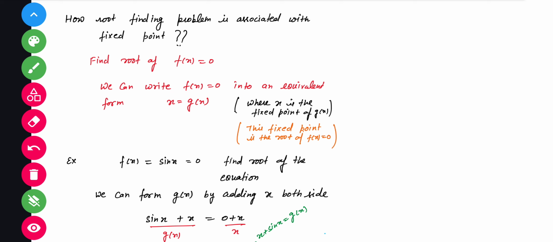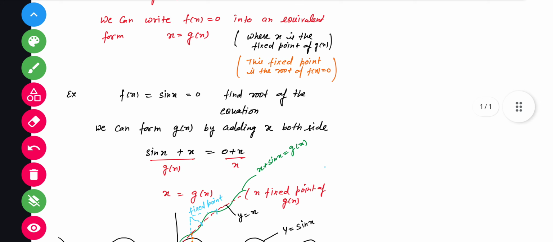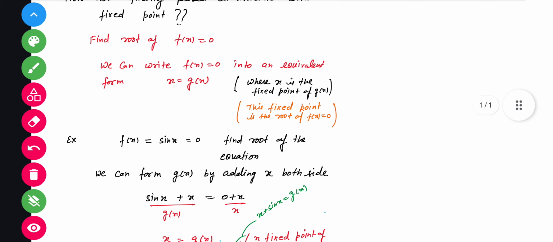First of all, we convert the f(x) equal to 0 function into the x equal to g(x) function, and then we find the fixed point for the g(x) function. The fixed point of the g(x) function would be the root of the f(x) function. So that is the concept. We will see this in the graph as well. Let me just read this a little bit.